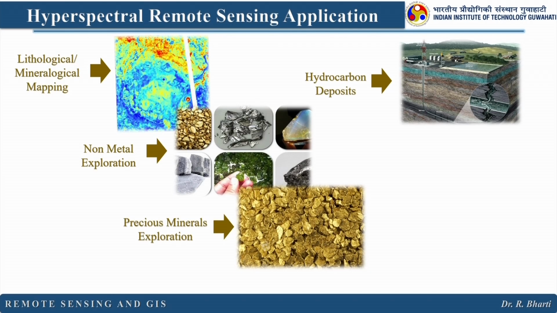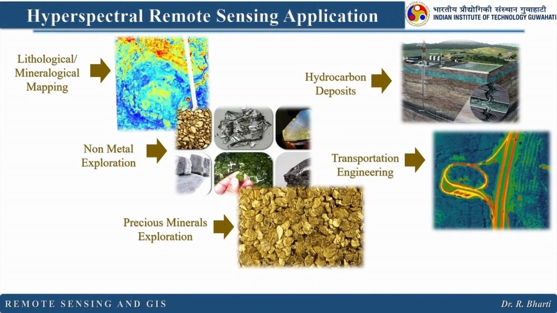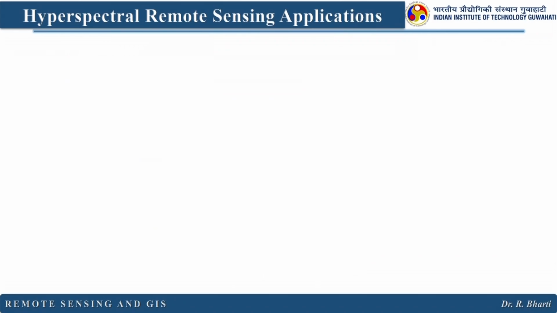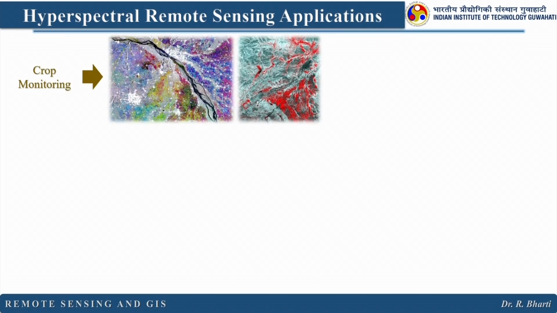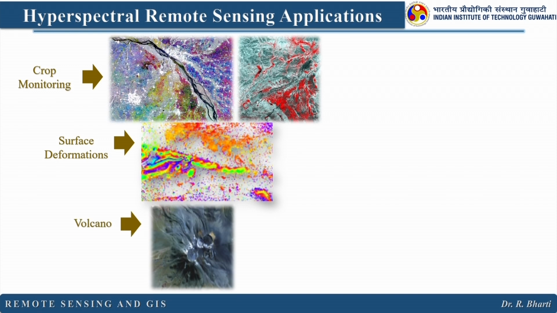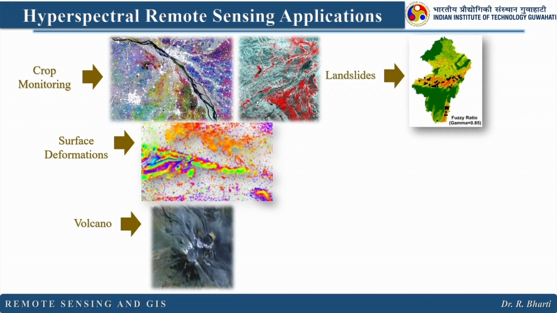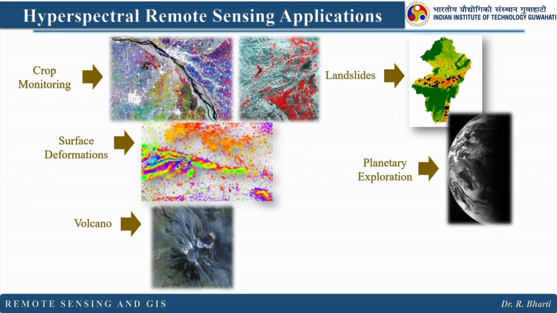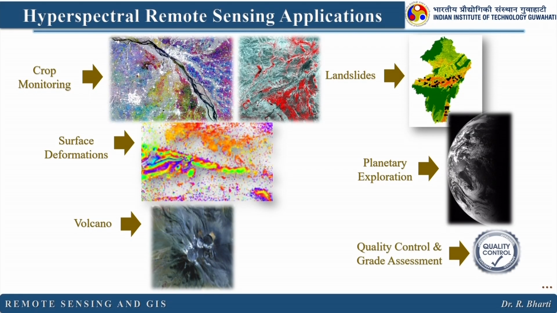Then hydrocarbon deposits, or in other words, how to detect micro seepages using this space-based data. The next are transportation engineering, crop monitoring, surface deformation, volcanic studies, landslides, planetary exploration, and quality control and grade assessment.